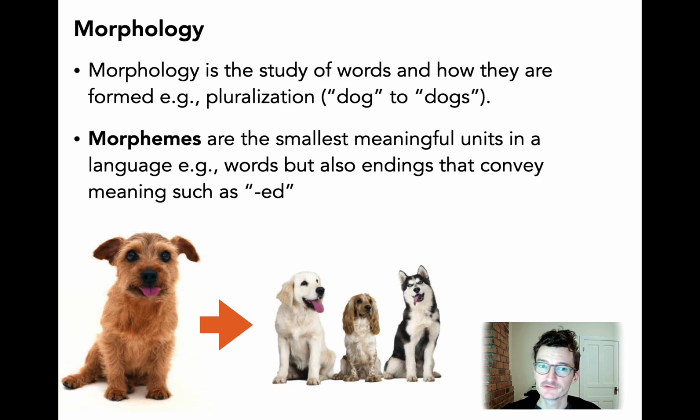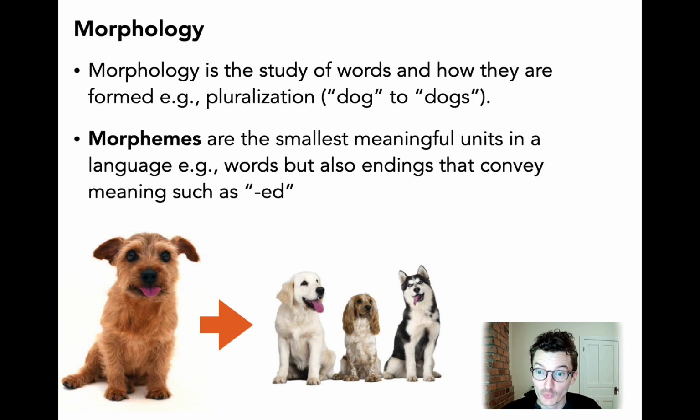Morphology is the study of words and how they're formed. So, for instance, pluralizations, putting words into their past tense form. People who study morphology are often concerned with morphemes, which are the smallest meaningful units in a language. Phonemes, which I defined in a previous slide, are the smallest meaningless units. Consonants and vowels, on their own, have no meaning. Morphemes are the smallest units of a language that have meaning.